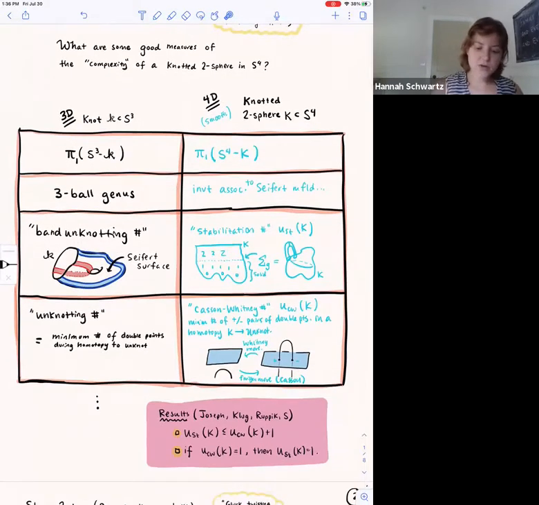Great. Okay, so these are 2 interesting invariants of 2-spheres that measure their complexity that I happen to be interested in. In this paper with Jason, Mike, and Ben, we explore the relationship between these 2 invariants, because in some sense you can think of both of them as an unknotting number of the 2-sphere, and we wanted to know whether one is always bounded by the other.